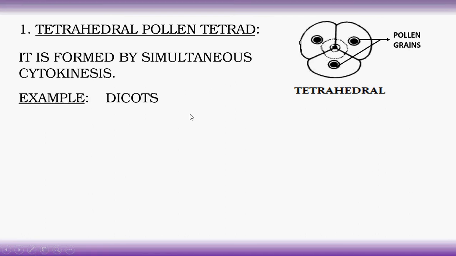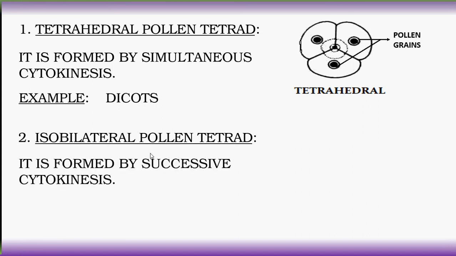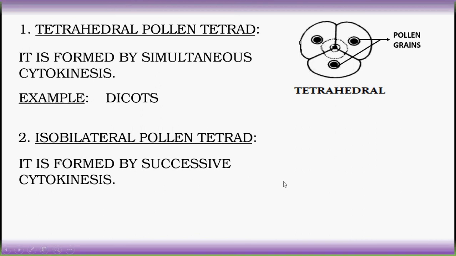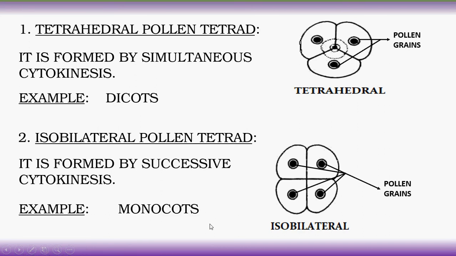The example for this is dicots. Isobilateral tetrads. It is formed by successive cytokinesis. That means the wall formation occurs at the end of meiosis 1 as well as at the end of meiosis 2. So this isobilateral tetrad appears like this. Example, monocots.